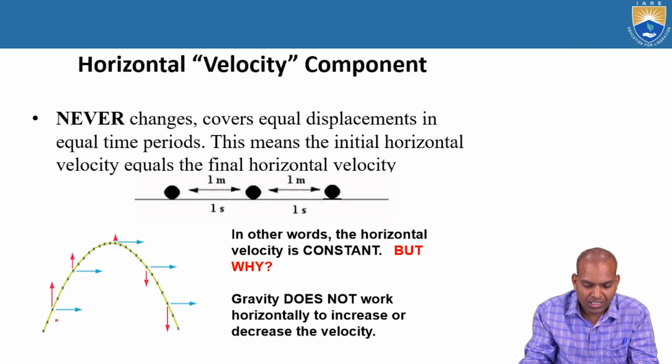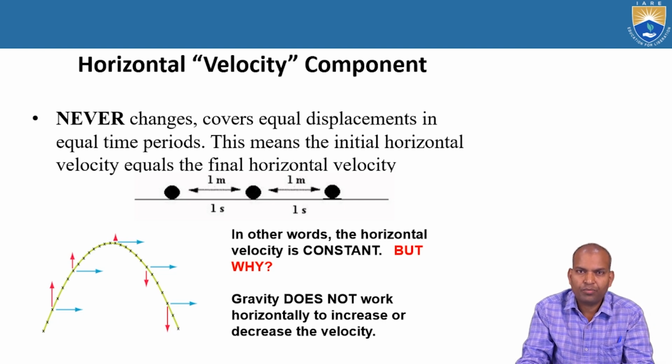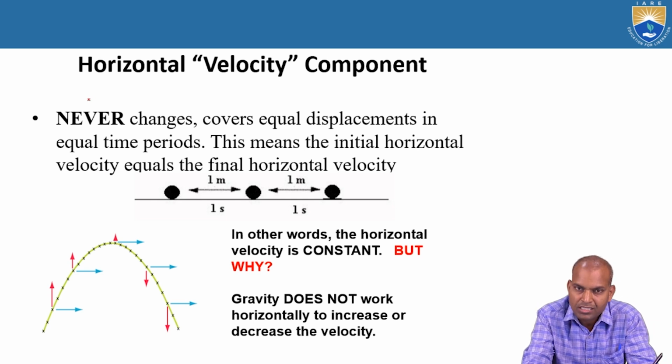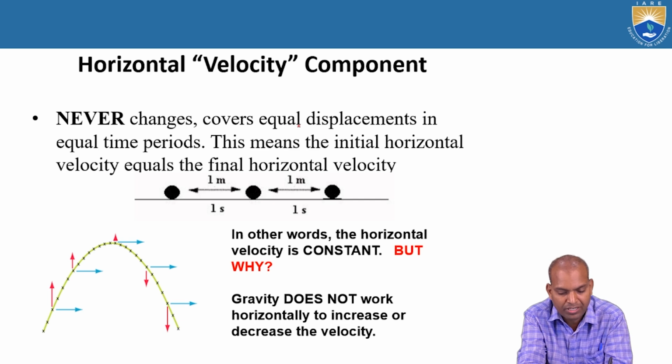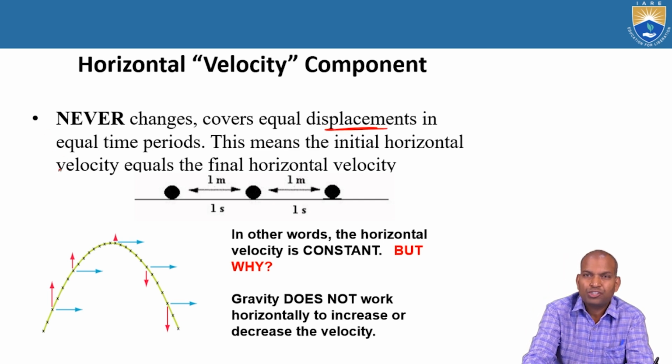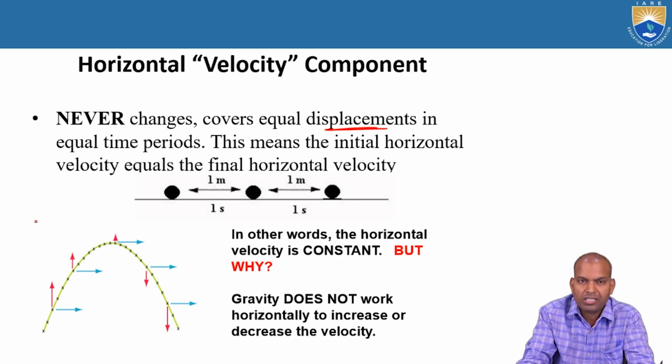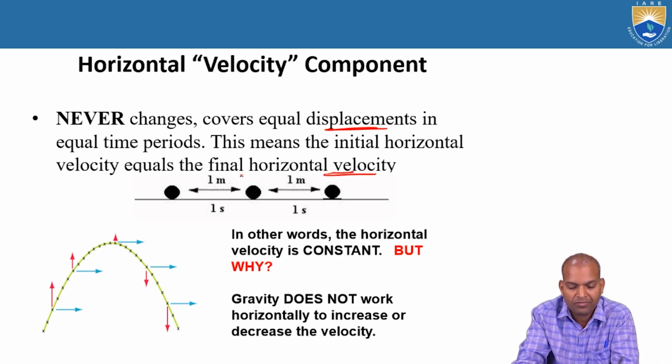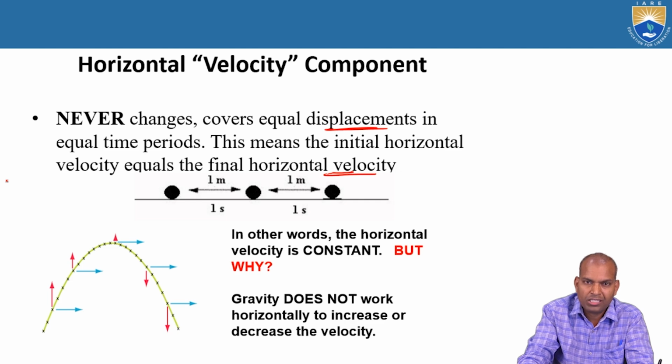Now, coming to the horizontal velocity component. This horizontal velocity component never changes. That's what we cover here. It covers equal displacements in equal time periods. This means that the initial horizontal velocity equals the final horizontal velocity. The horizontal velocity remains the same from initial to final. That's what is happening in this figure.